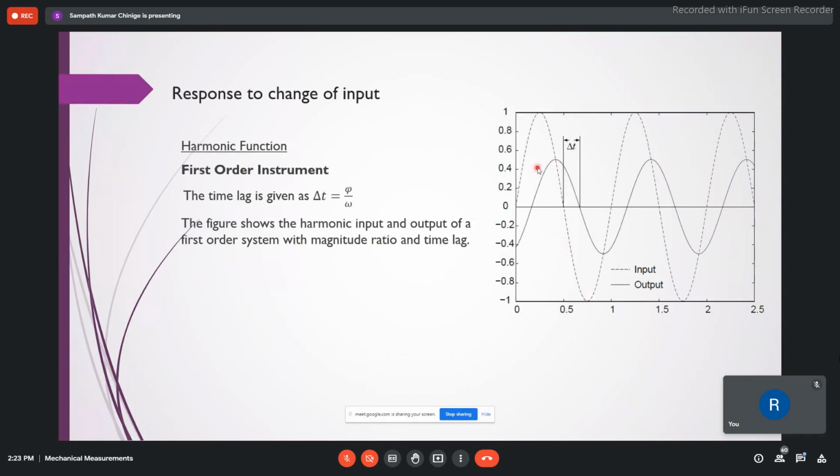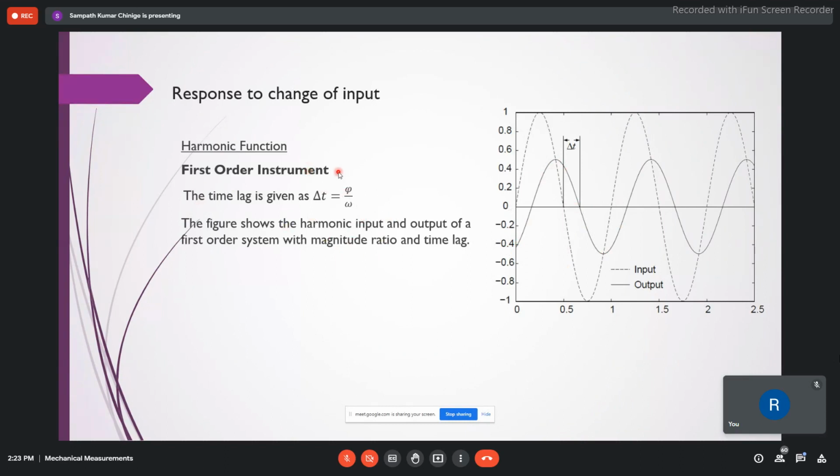So there is a reduction in the amplitude. And the frequency is almost the same as the input frequency, but you are also seeing some phase lag in the output. You have some time lag here, delta t.